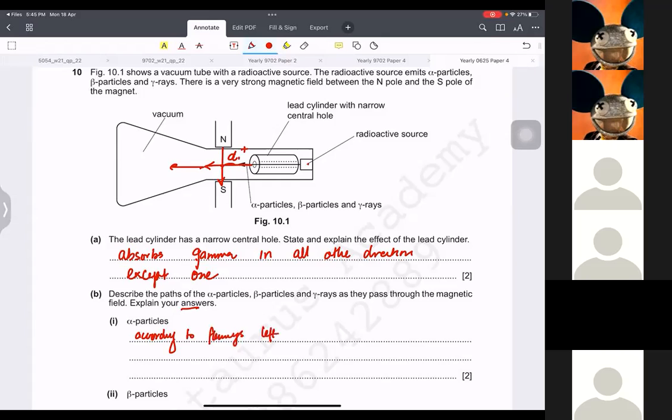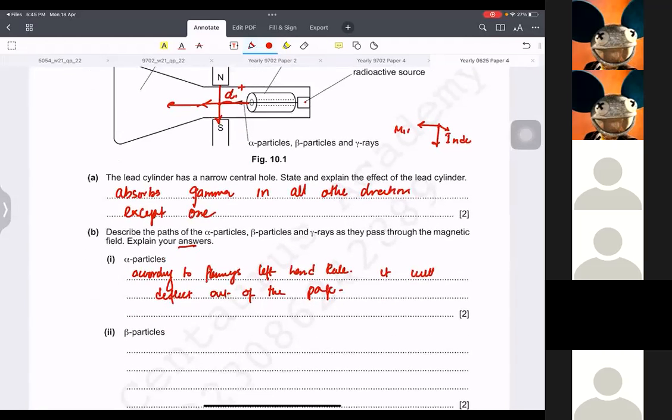Which finger represents the magnetic field? Index. Index down, middle like this, so your thumb will be out. It will deflect out of the page. That's what you have to write.